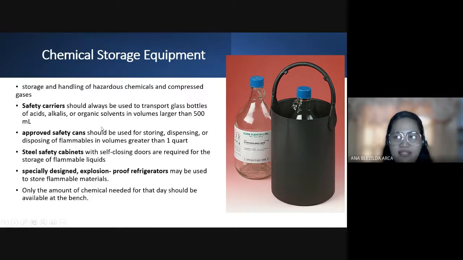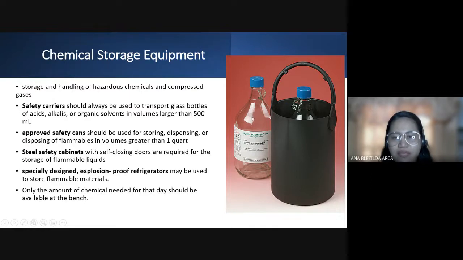Example of that is the safety carrier. Tulad nito, di ba? Mga safety carrier yan. Para kapag binitbit mo siya, hindi mo siya mabibitawan. Kunyari, imagine, kung acid ang nakalagay dyan. Tapos naglalakad ka, bigla mong natapon yung acid na yan. Sino unang masusugat? Ikaw.